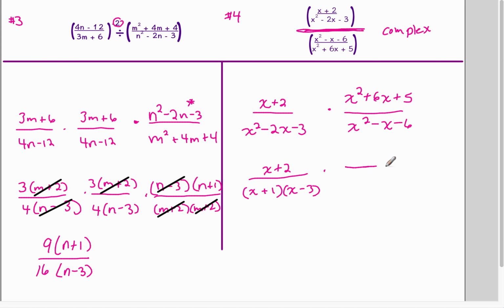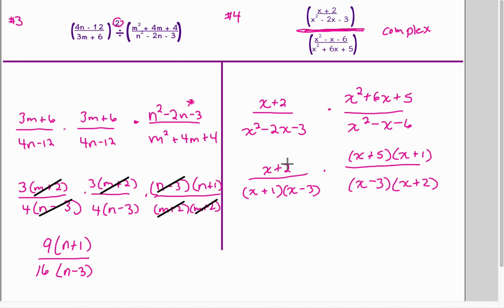Okay, let's come over here. X squared plus 6x plus 5, well, that's going to be x plus 5, x plus 1. And down below here, that's going to be x minus 3, x plus 2.